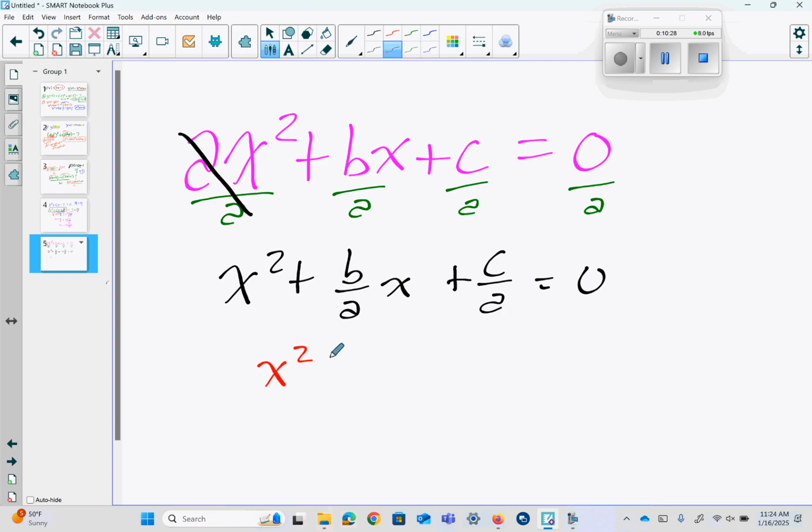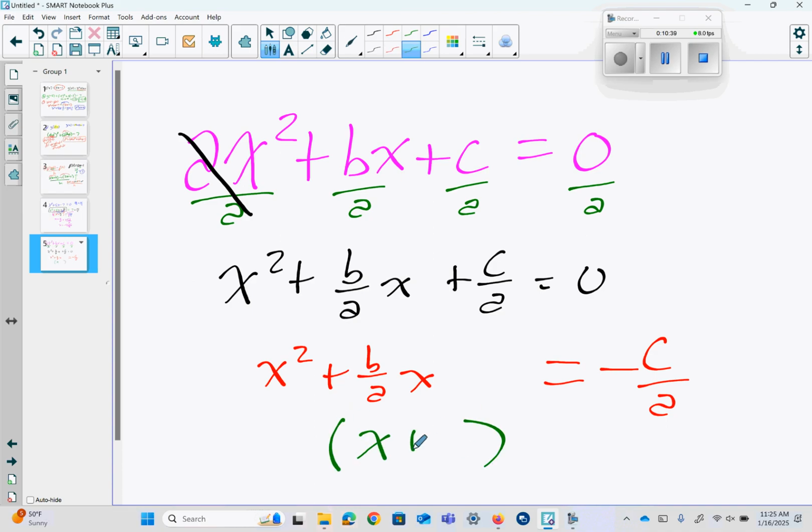So I'm going to move c over a over here by subtracting it. So in parentheses, I'm going to have x. That plus comes down. Half of b over a is b over 2a.